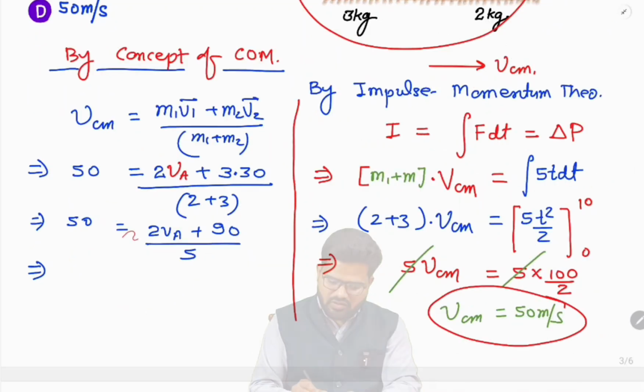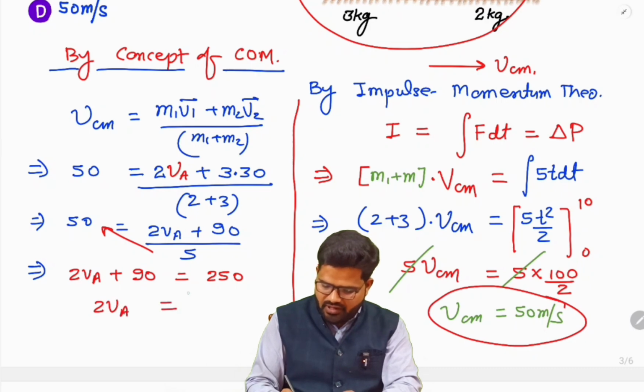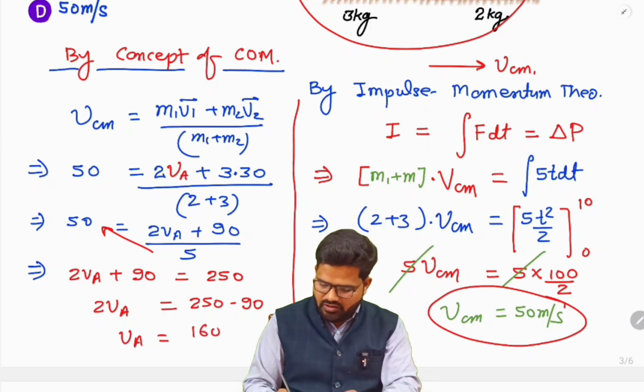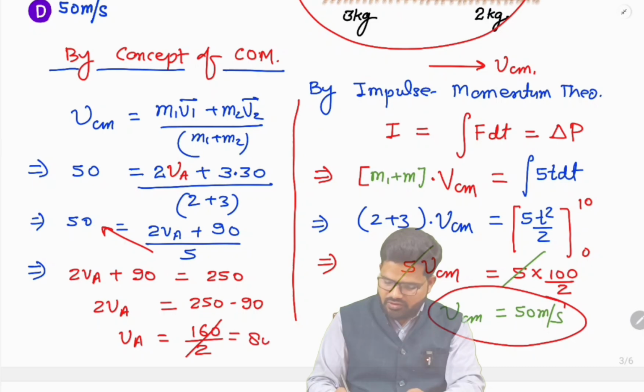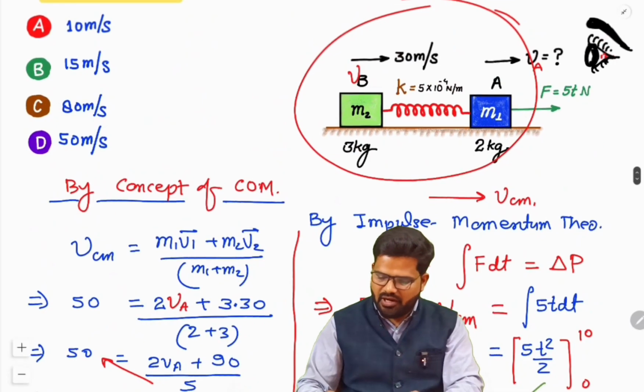Now cross multiply this one, you will get 2 times vA plus 90 equals 250. So 2 times vA equals 250 minus 90. You will get vA equals 160 by 2, that comes equal to 80 meter per second. This is the velocity of the particle having the mass 2 kg.